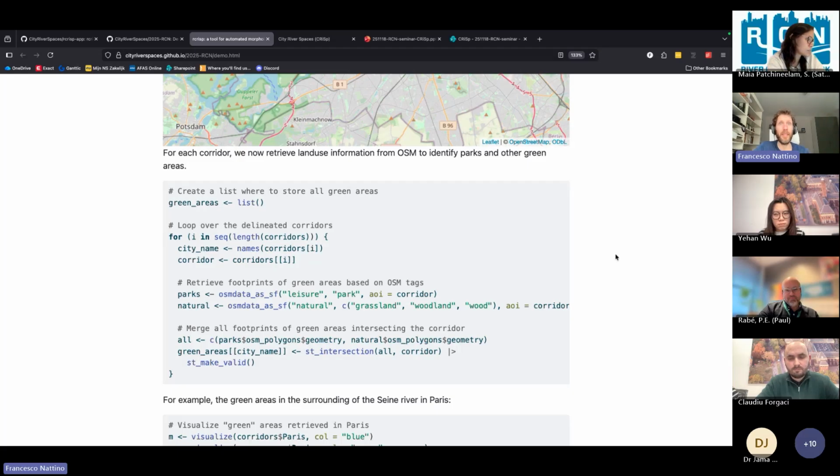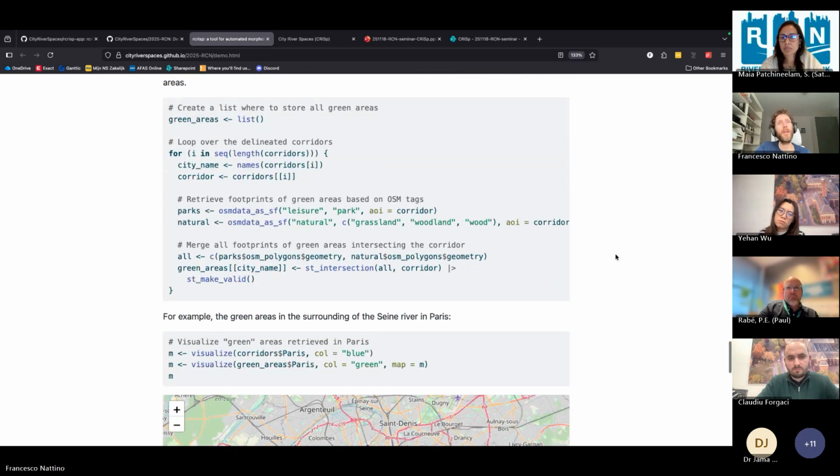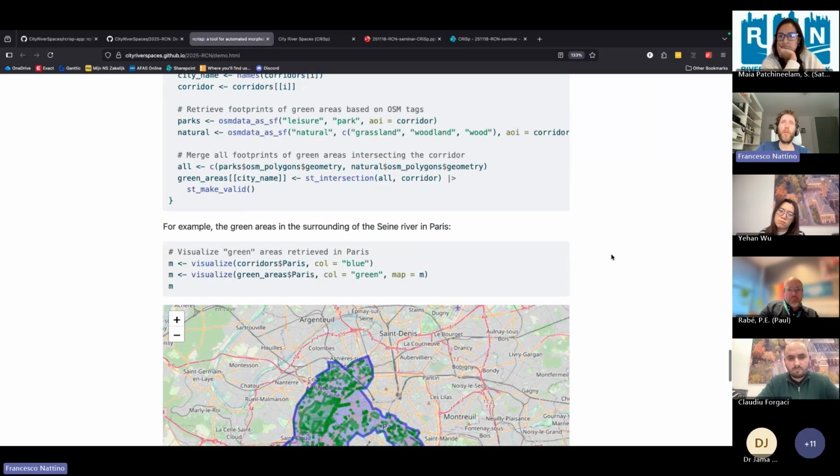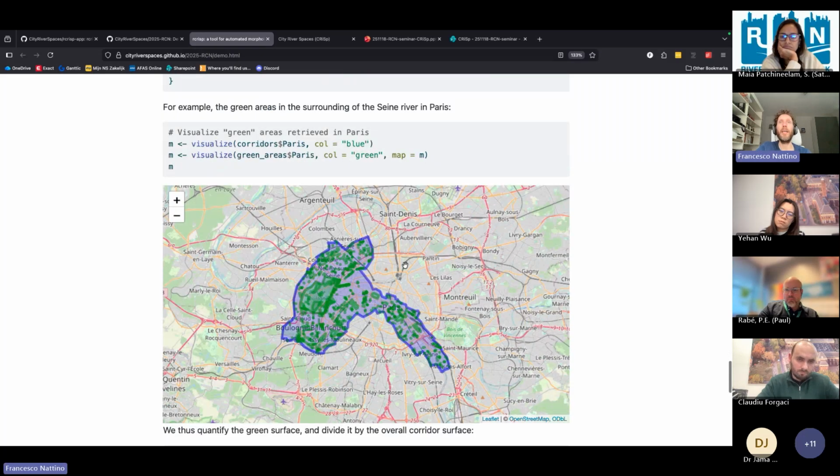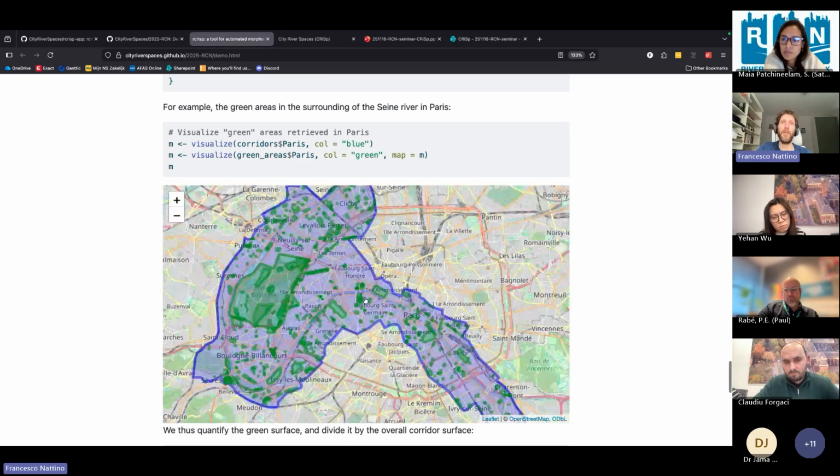information about green areas using OpenStreetMap as a data source. We show the example for the city of Paris here in a map, where we see the corridor delineated for the city in blue, and the green areas retrieved for the city in green.